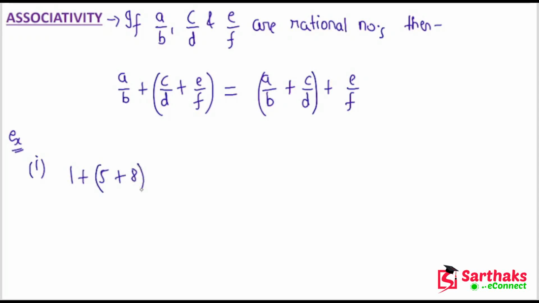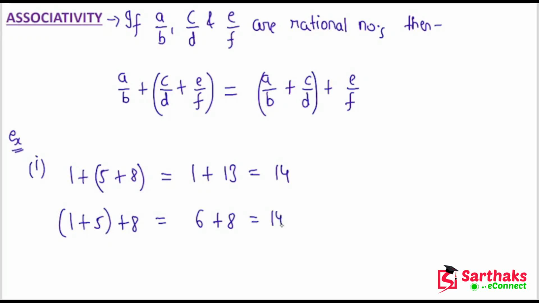We get 5 plus 8 equals 13 and the result would be 14. Similarly, by applying associativity, let us firstly add 1 and 5 and then add 8. We will get 6 plus 8, which is equal to 14. So you can see associativity is holding true for integers.